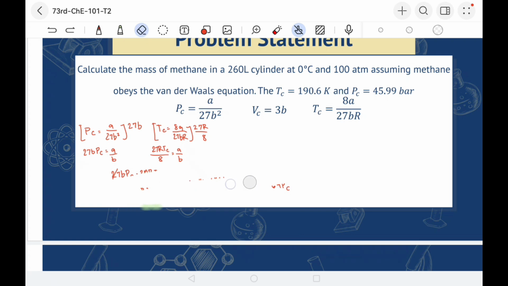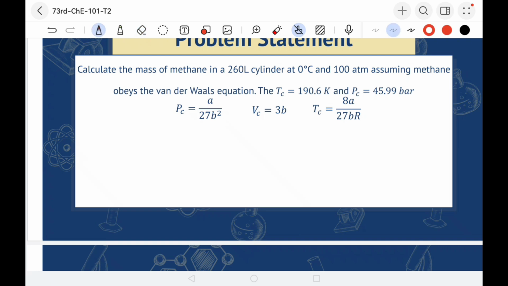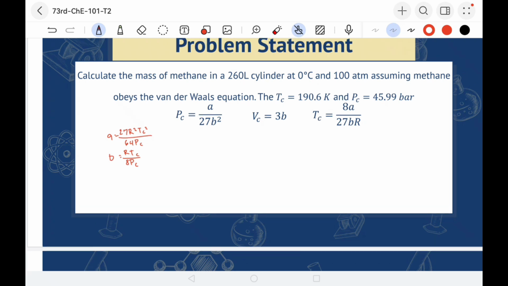Let us remove all of this so that we would have space for the problem. So a equals 27R squared TC squared over 64 PC, and b is equal to R TC over 8 PC. To get the values of our van der Waals constants, we could just substitute the values. So a is equal to 27.